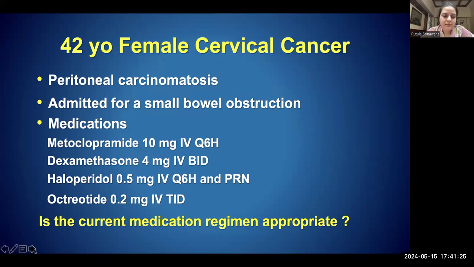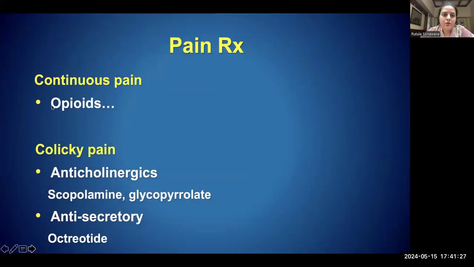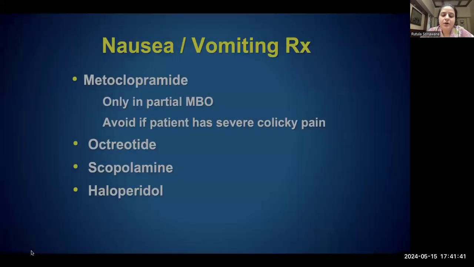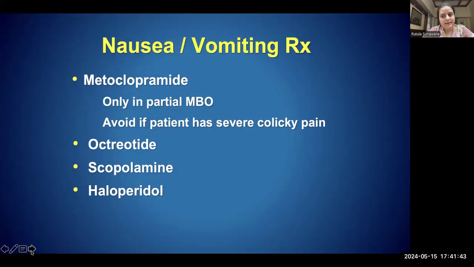But let's see. So for continuous pain, you would give opioids. For colicky pain, you would give anticholinergics like scopolamine or hyoscine or glycopyrrolate. Anti-secretory would be octreotide. So here octreotide was given as an anti-secretory. RT aspiration would help, yes.